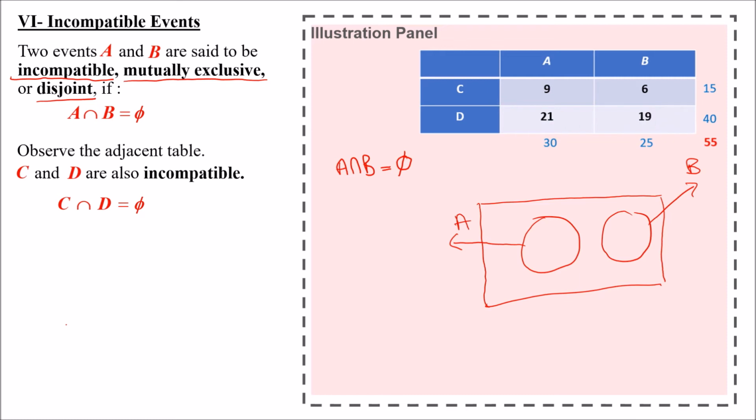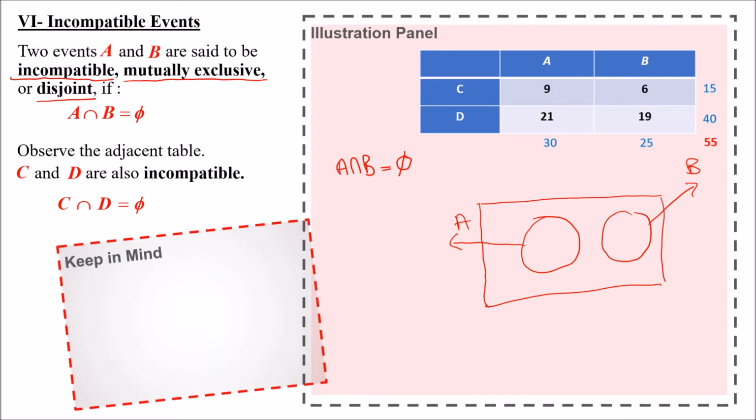So for incompatible events, the first thing we should keep in mind is that if A and B are incompatible, this means that the probability of A intersection B is equal to 0, since there's no intersection; the intersection is equal to phi.